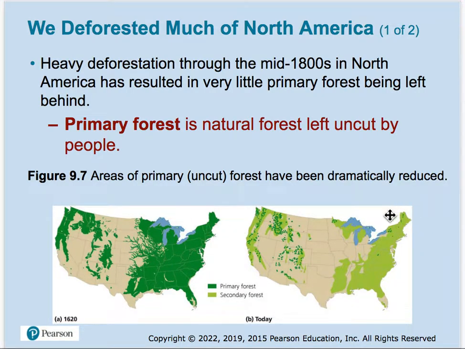Now that was nearly 100% taken down, except in the West, which people took a long time to make their way over to. But today we only have the dark green primary forest left. Now we have regrown some secondary forest, but these are all newer, younger trees, with most of it not having spaces with trees that are over 100 years old.